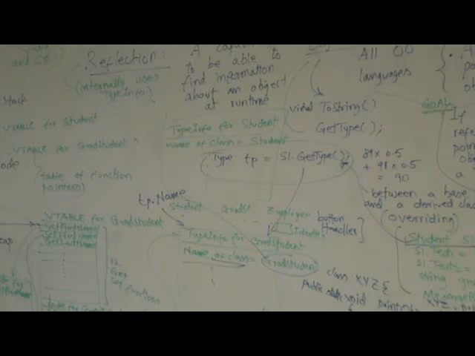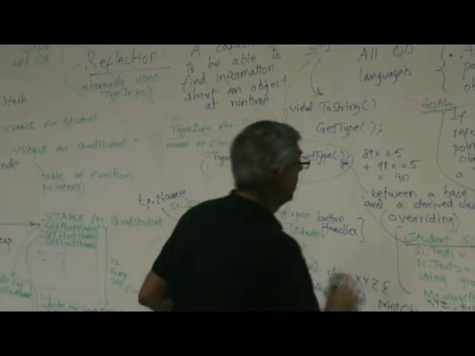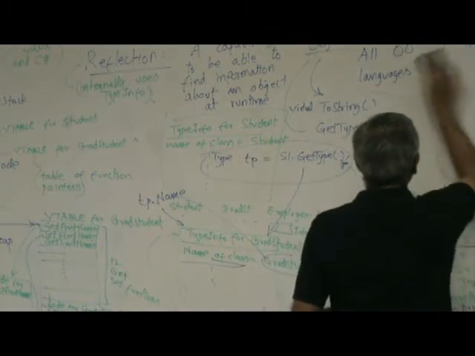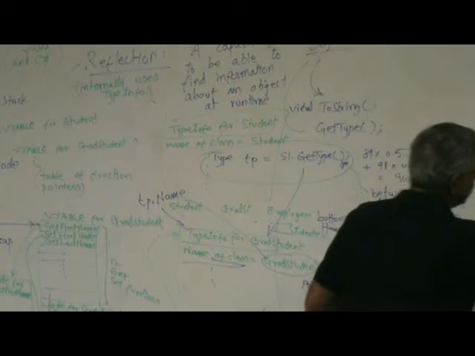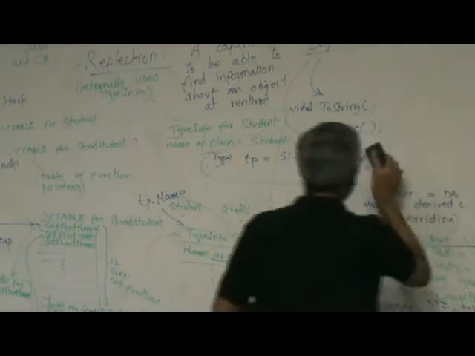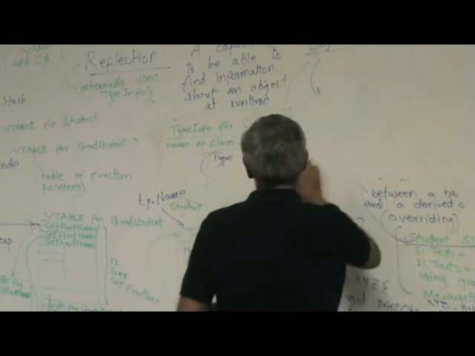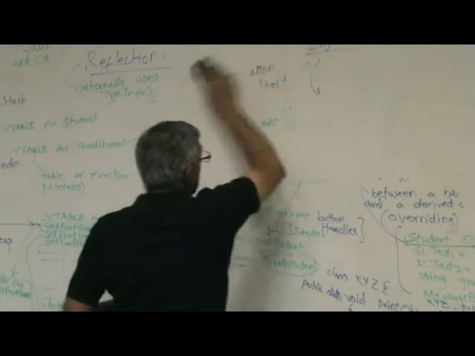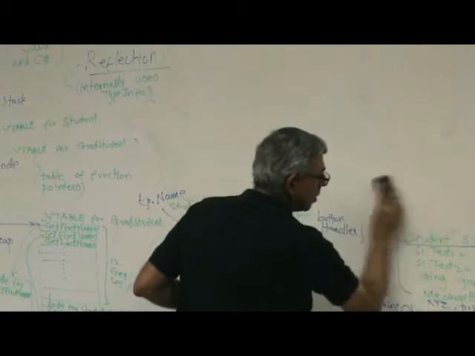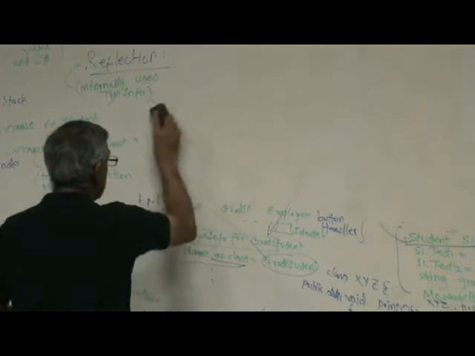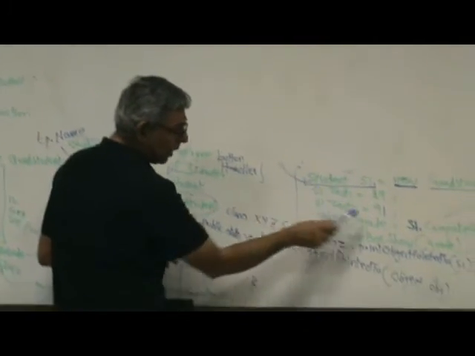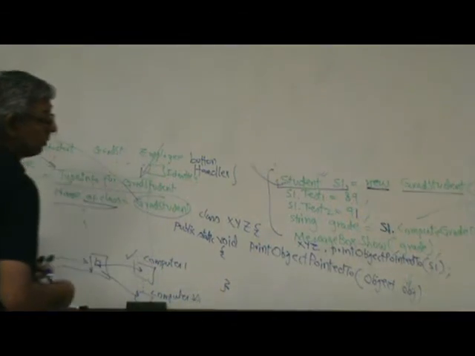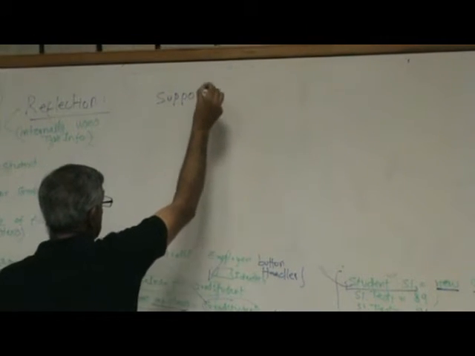Okay, so now let's come back to our polymorphism, and let me show you how reflection can also be used to support polymorphism. Anytime we write code like this, and through s1 we are calling computeGrade. Anyway, first let me go over this.